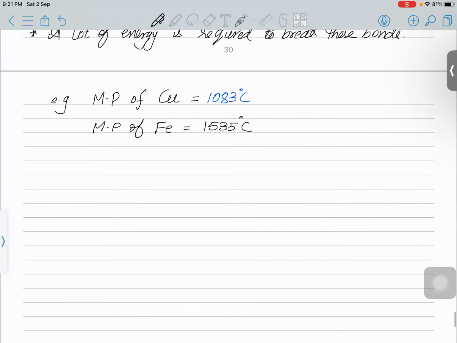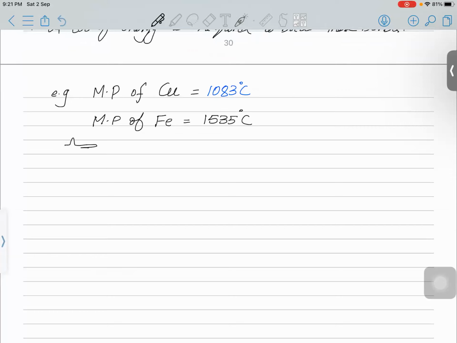Now next property is conductivity. Now metals can conduct electricity or not? They can. Why? Because they have free electrons. Very good.